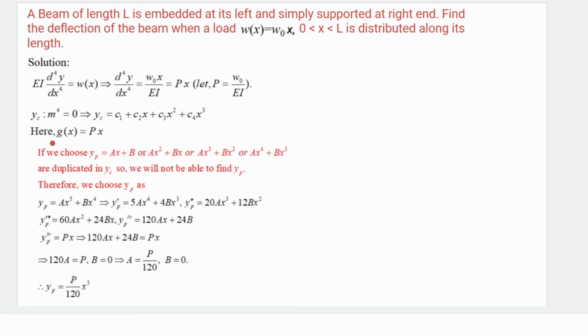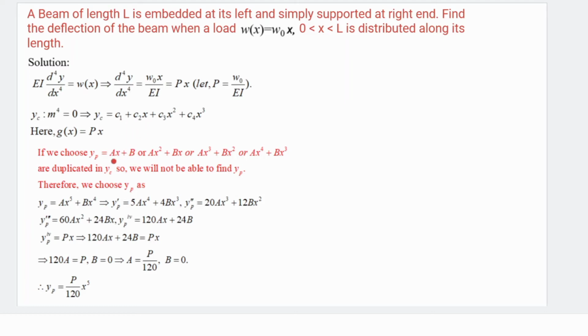Now we are given g(x) equal to Px. Here P is equal to w naught divided by EI. So now we have to use the undetermined coefficients method to find the particular solution. So this is P x, that means it looks like a constant times x. So we can consider the particular solution as Ax plus B. But when we choose Ax plus B, it duplicates with the yc.